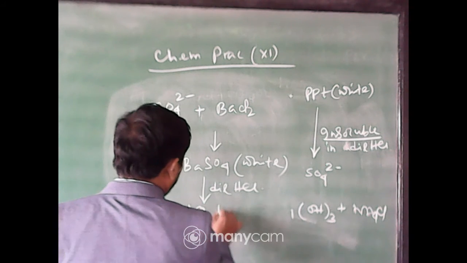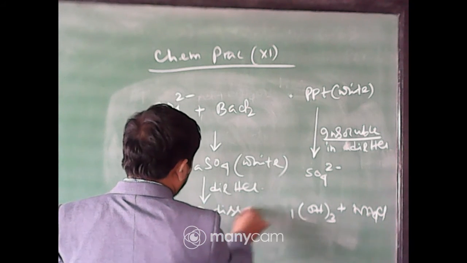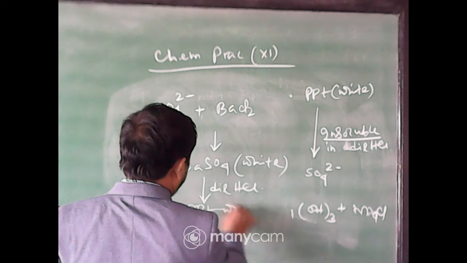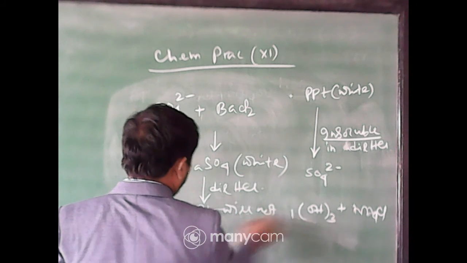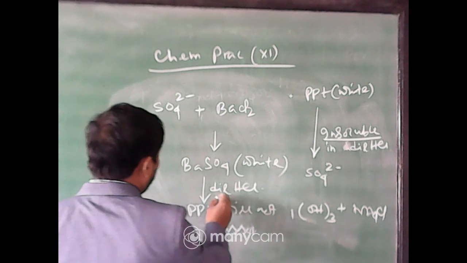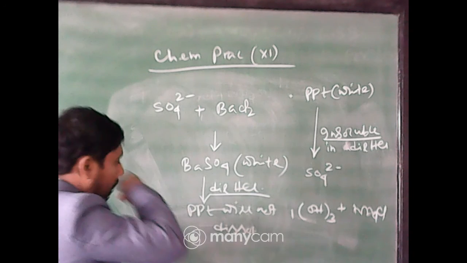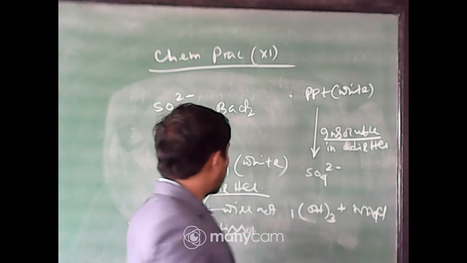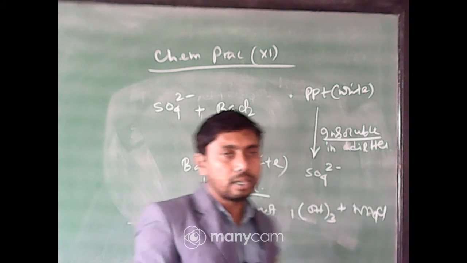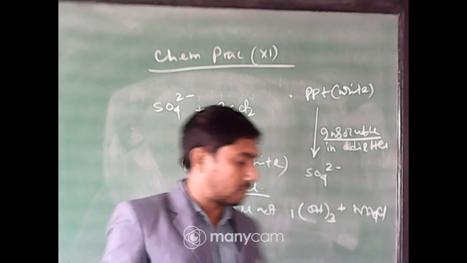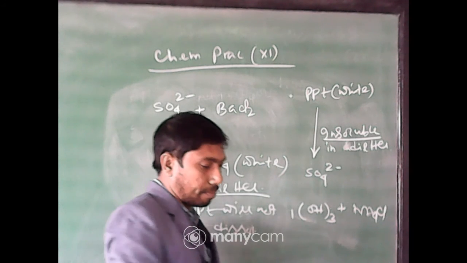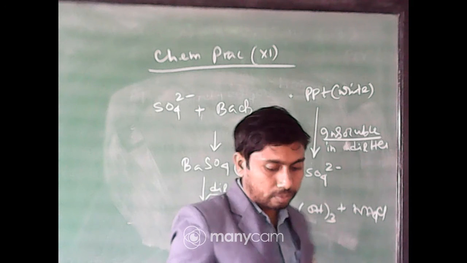No, the PPT will not dissolve, because there is no reaction between the dilute HCl and the barium, it cannot be replaced by HCl. So, there is no reaction. So, this is to detect aluminium sulphate as a sample. Okay. Understood?